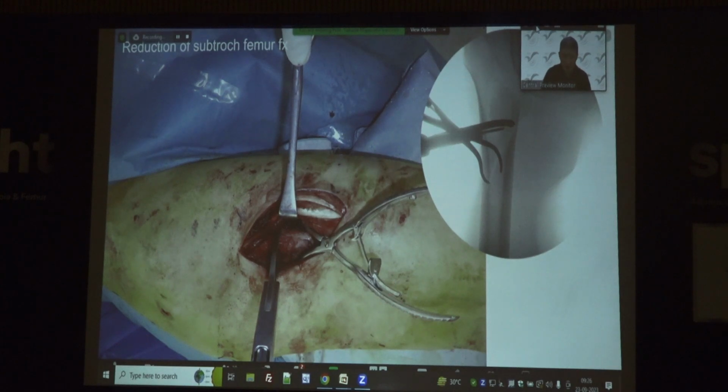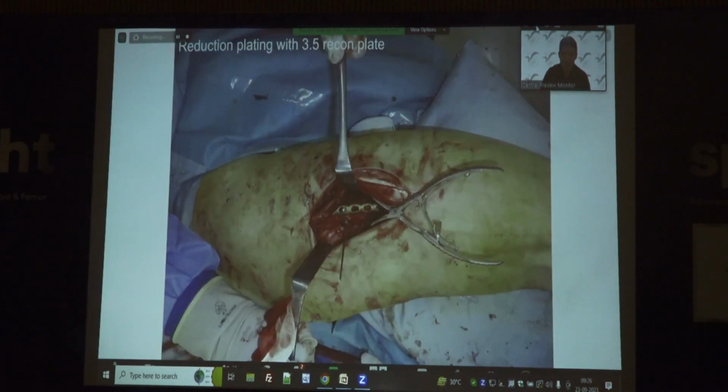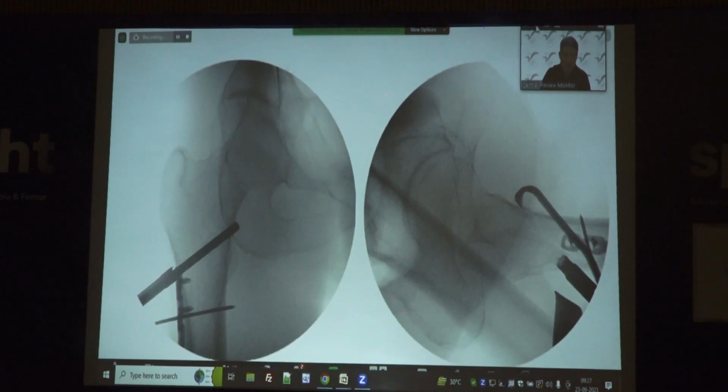Using clamps and K-wires and collinear clamps, we were able to get his subtroch fracture reduced. And then we put on an anterolateral reduction plate, a 3.5 recon plate, with unicortical screws.